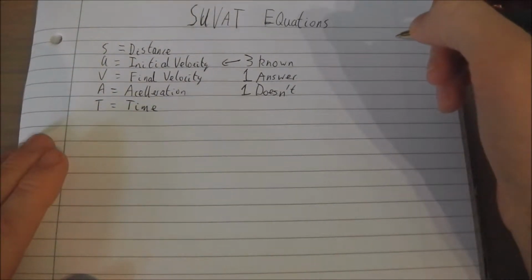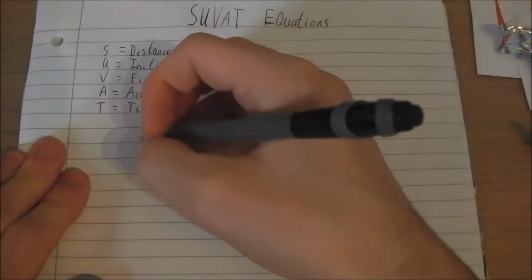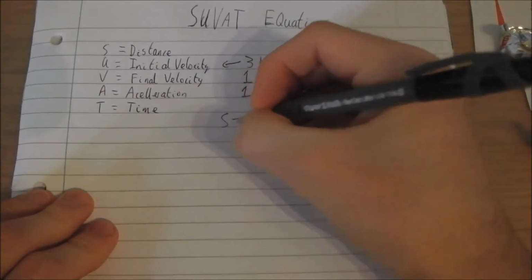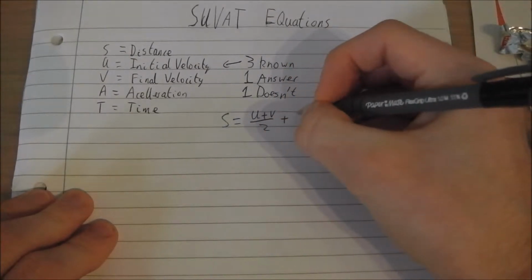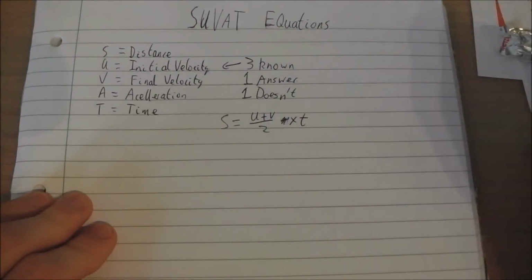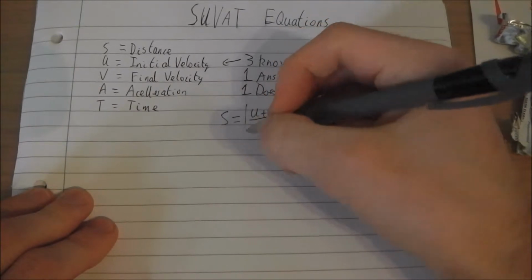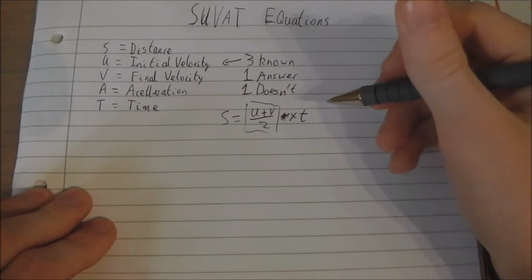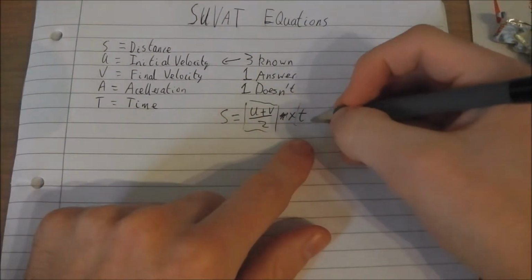So now I'm going to go through the five SUVAT equations, but two of them are very similar. The first one we'll start off with is S equals U plus V over 2 times T. This part here gives you the average speed, or the average velocity, over the time, and this is the time.